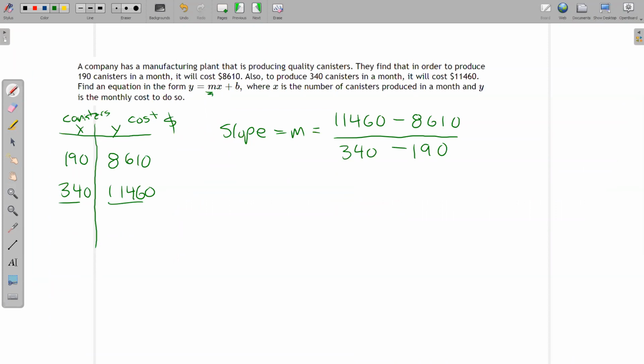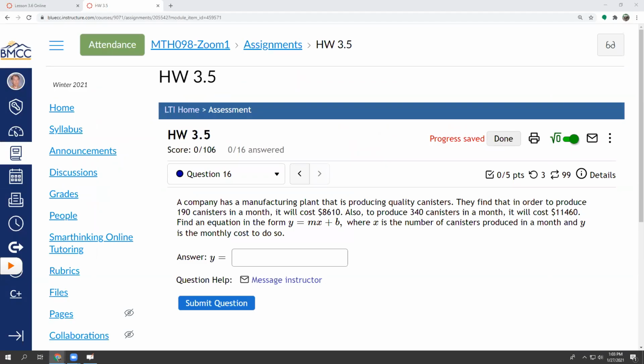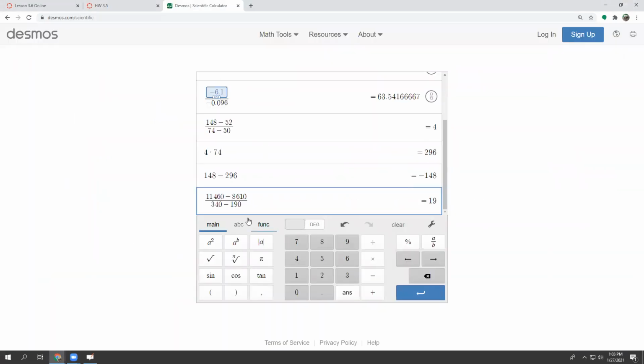Okay, so according to my calculator, I've got the right numbers. Yeah, that looks good. I get 19 for the slope. So if you were playing along too, hopefully you got the right number. Now I didn't have to round, so I should be okay. Sometimes rounding can be a little bit of a problem, but usually not much.